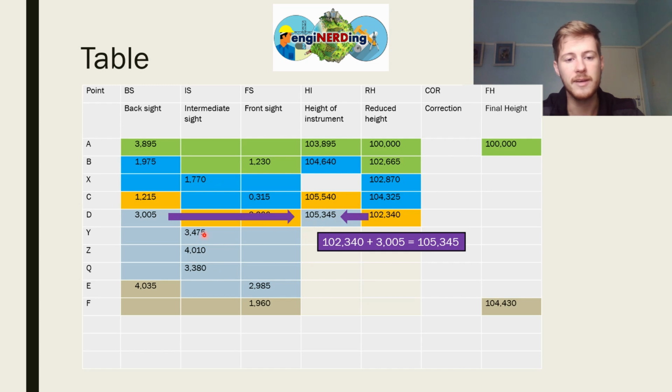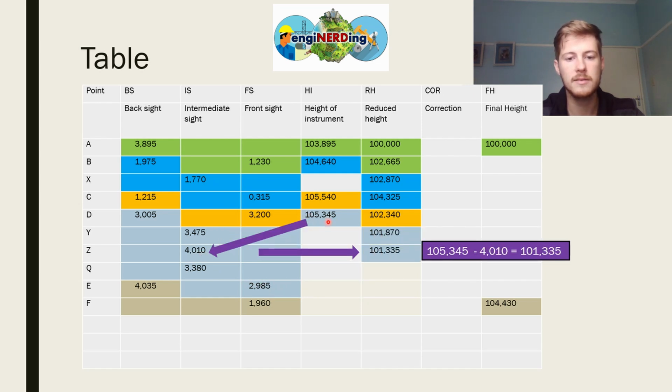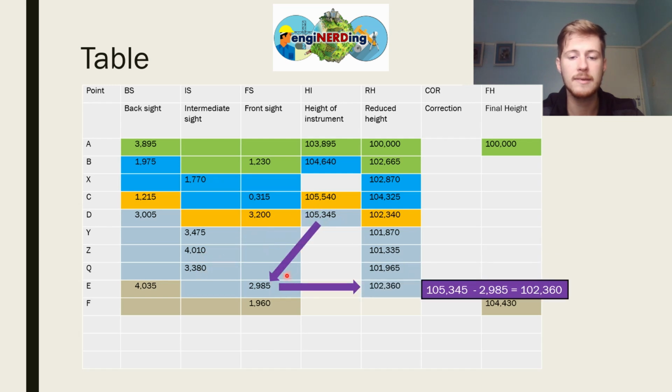This height of instrument has quite a few intermediate sites and then one fore site as usual. So we say height of instrument minus this value gives us reduced height, this one minus that, this one minus that, and lastly this one minus our fore site. It's the same step over and over.